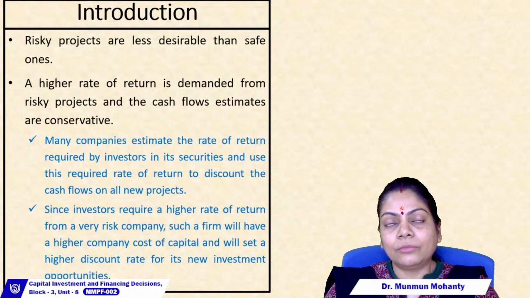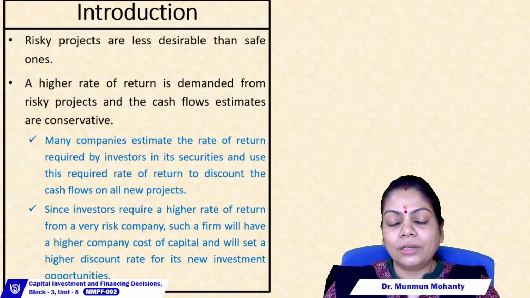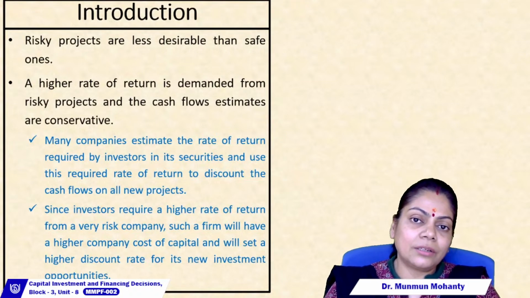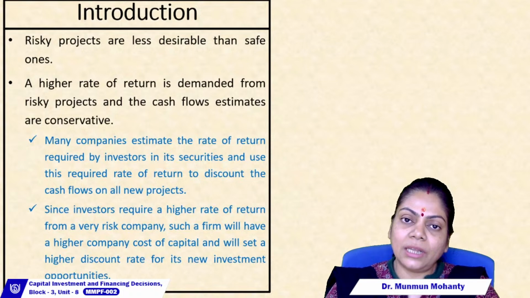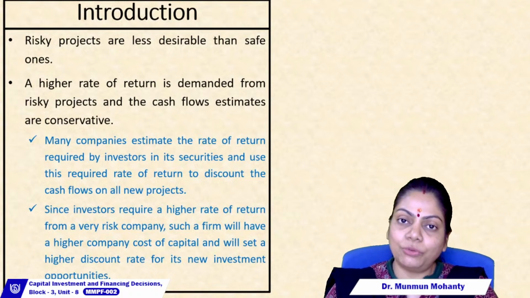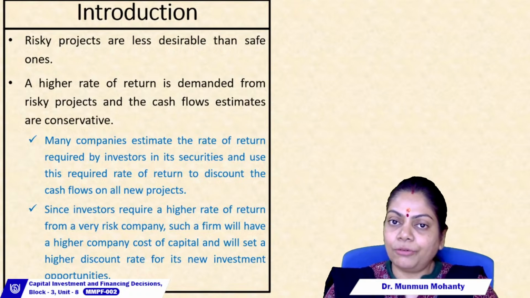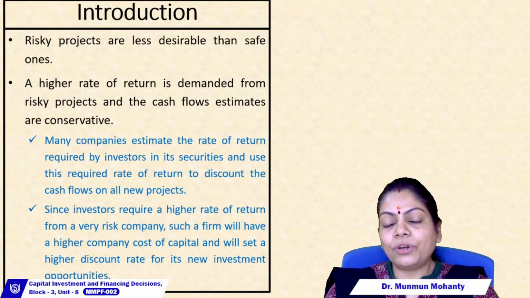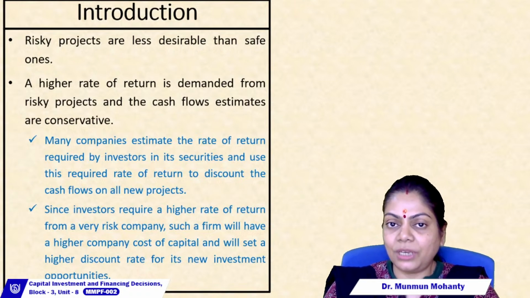Now, intuitively, what they used to do is they stick to either of two things. That is, for a risky project, you can demand a higher rate of return. So your cost of capital of a risky project will be higher. Or, when you are estimating the cash flows from a risky project, you go for a very conservative estimate of the cash flows.